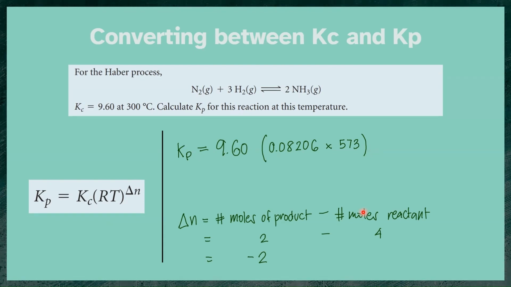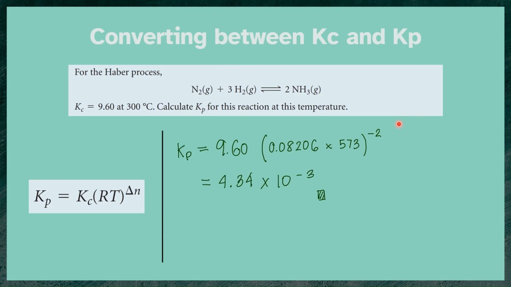So that will be 2 minus 4, and our change in moles will be -2. And this will be raised to -2. And thus our Kp is equal to 4.34 times 10 raised to -3.